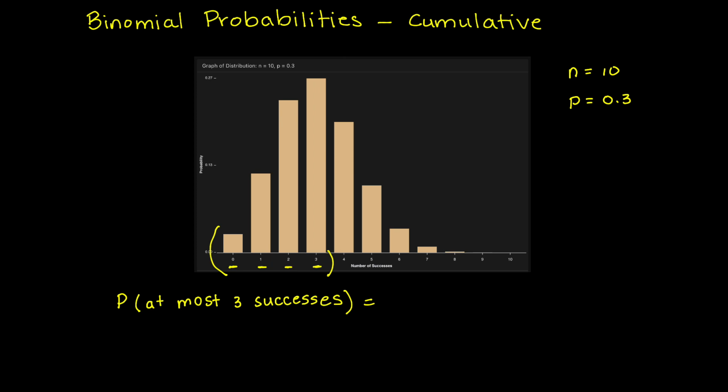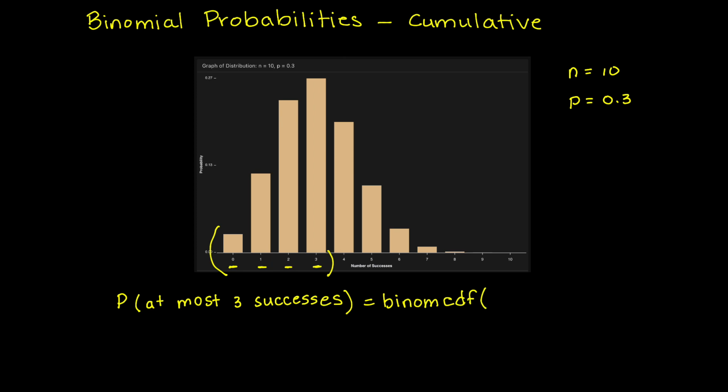In order to do that, we have the binom CDF, for binomial CDF function. The C stands for cumulative. If we're adding together several probabilities, we can use this function to calculate the probability of from 0 to a certain number of successes.